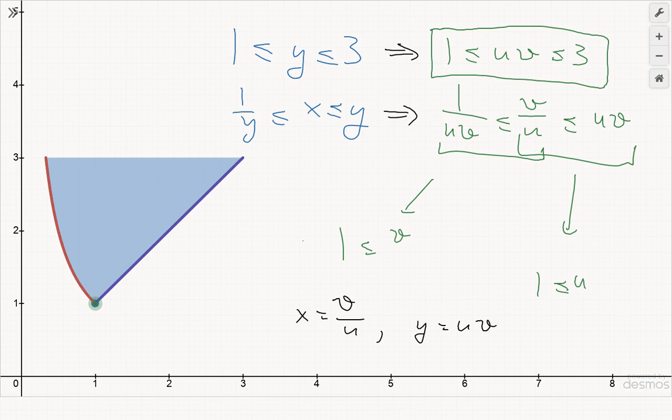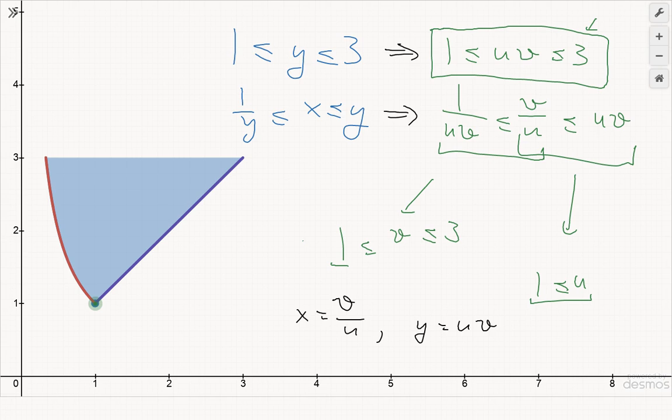So let's pick one of them to be sort of the outside variable. So if u has to be at least 1, then v will have to be between 1 and 3. From this equation, if u is at least 1, then v cannot be any more than 3. And then we have this bound, 1 less than or equal to v less than or equal to 3.